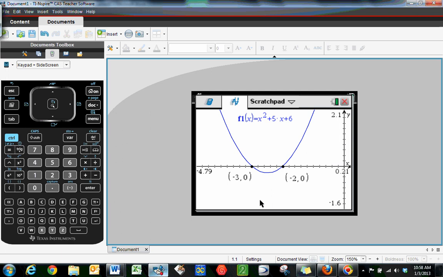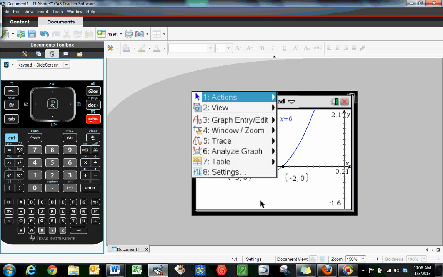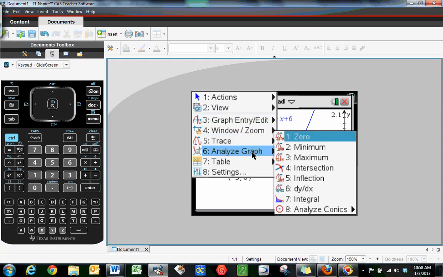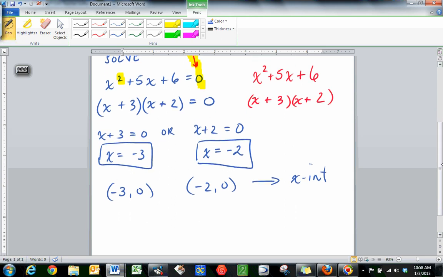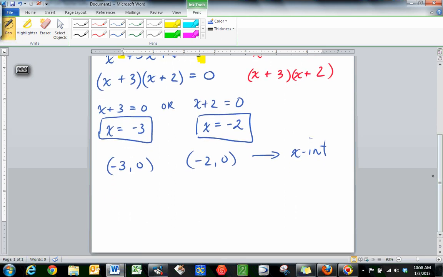Now notice on our menu, when we went to analyze, I said we were going to find the 0. Well, there's some terminology here that you need to become familiar with, especially as you move forward in math. When we ask you to find the x-intercept, that x-intercept could also be called a 0 of the function.